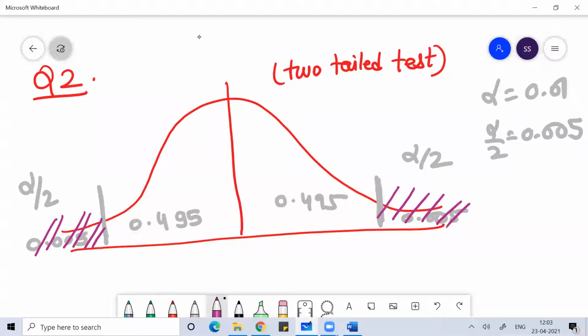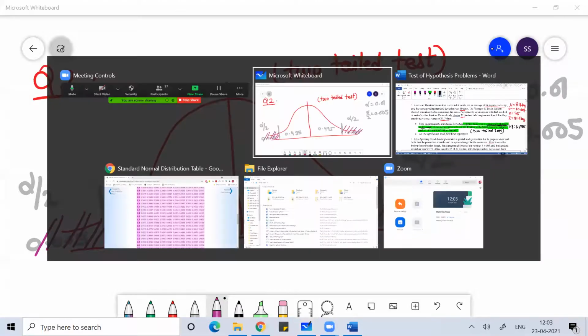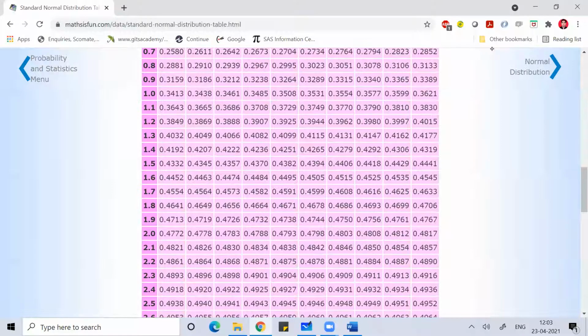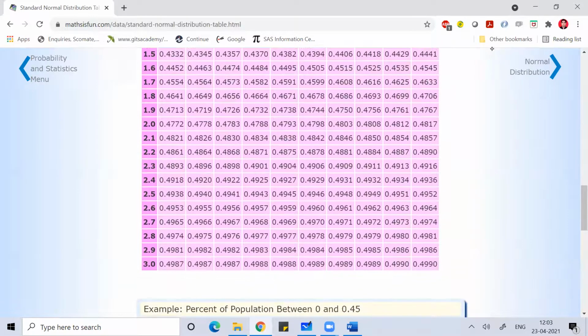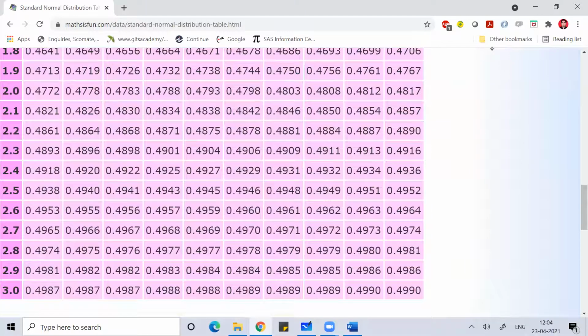So find the value for the acceptance area 0.495. One minute. So now what you do, open the normal distribution table. See the area called 0.495.